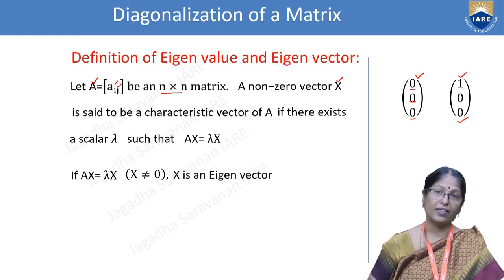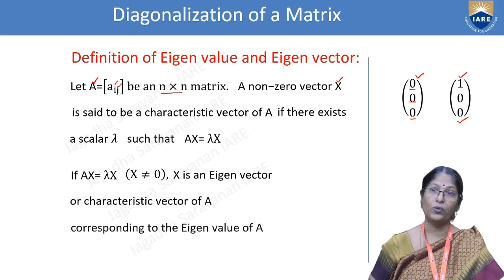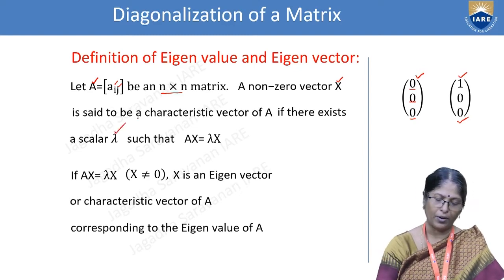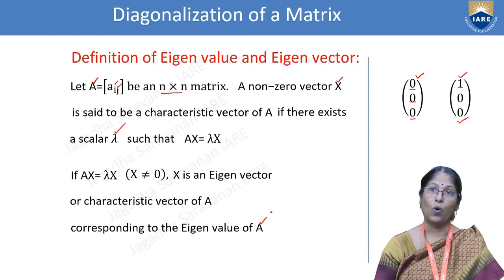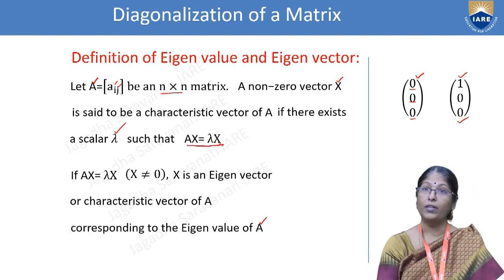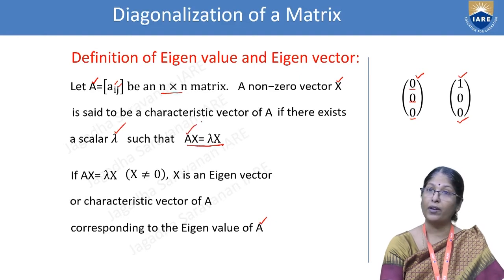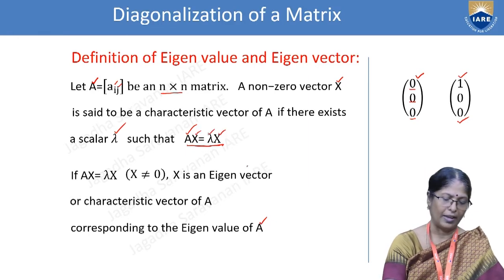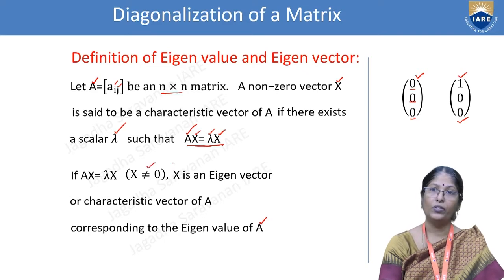Then capital X is the eigenvector, or we can call it the characteristic vector of capital A, corresponding to the eigenvalue, that is this lambda, of the given matrix A. So this is the definition of eigenvalue and eigenvector. This point we have to keep in our mind: A is the given matrix, lambda is the eigenvalue, capital X is the eigenvector, and capital X is a non-zero vector.